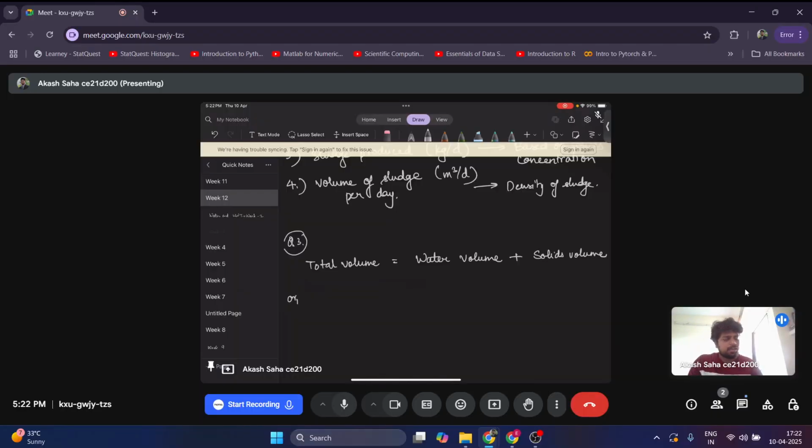So how can we write volume? We can write volume as weight per density. So what is this weight? This is nothing but the total weight by total density, or the density of sludge, because the total thing is the sludge, is equal to water weight by water density.